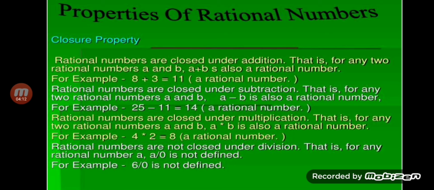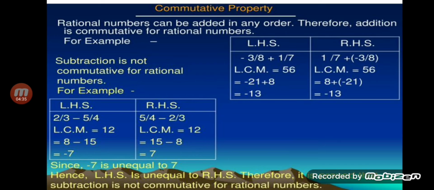But it is not closed under division because a by 0 is not defined. a by 0 is nothing but infinity, which is not defined. That is why rational numbers are not closed under division, under closure property.